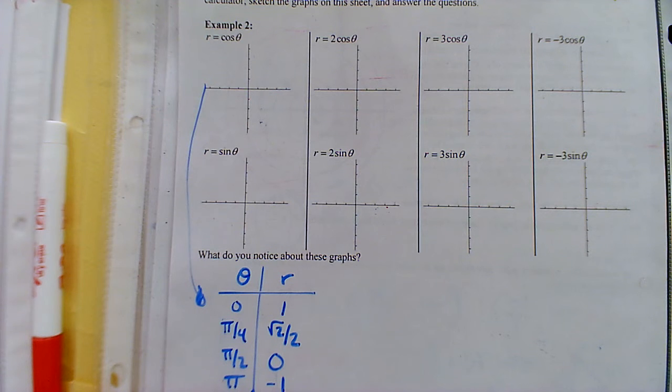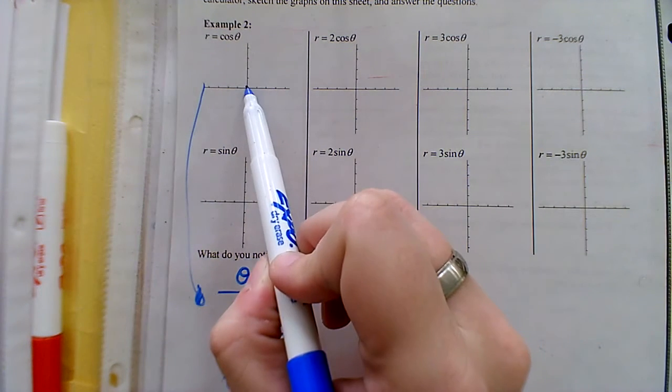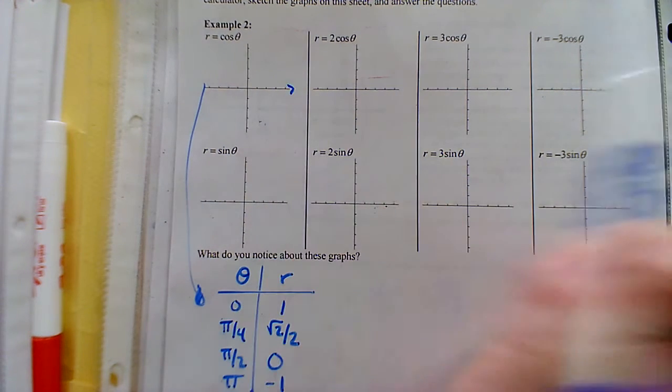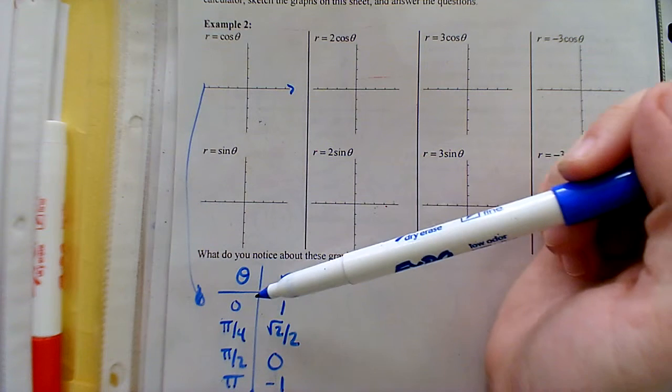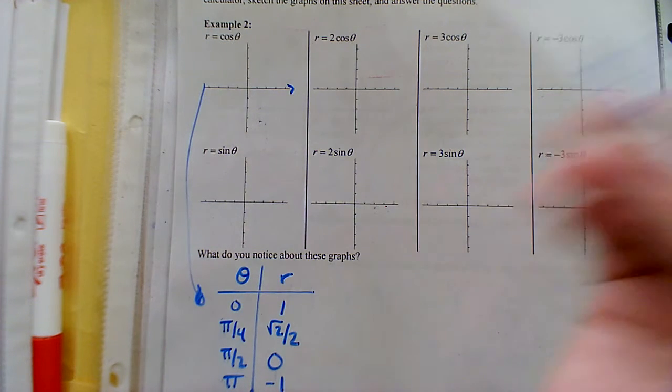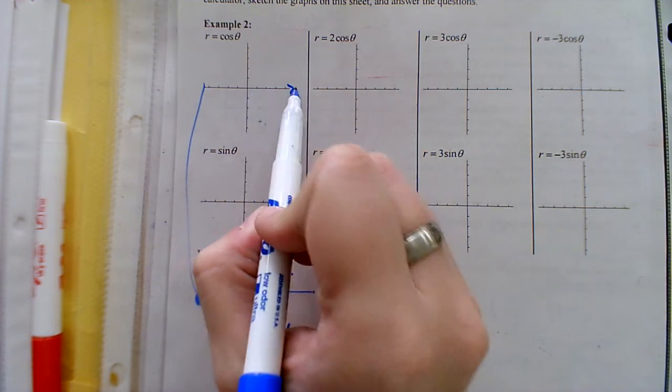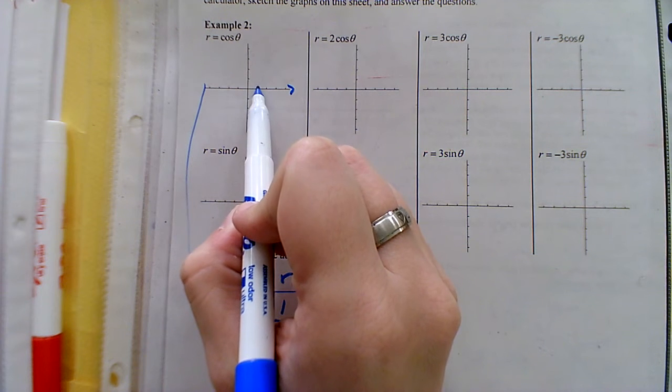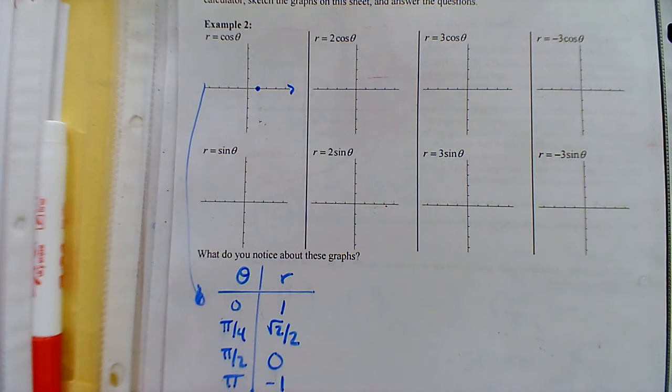So remember, you're starting with the angle, and then the radius is telling you how much you have to walk out. We're going to start at the pole, and we're looking to the right. If we don't rotate at all, because our angle would be 0, we'd have to walk out 1 unit. So if we start at the pole, looking to the right, walk out 1 unit, we would be right there.